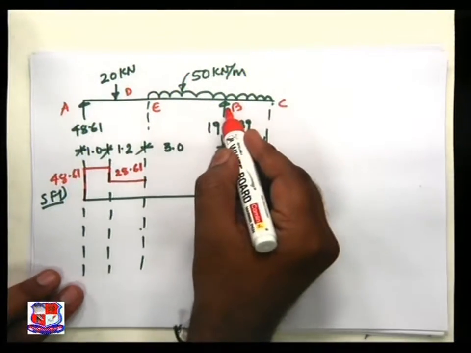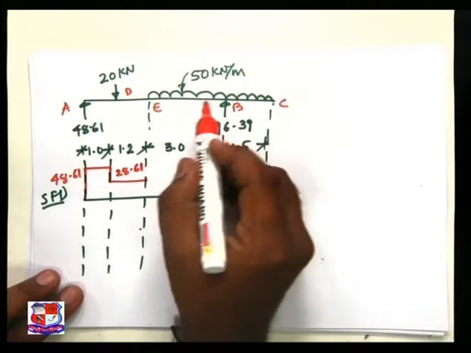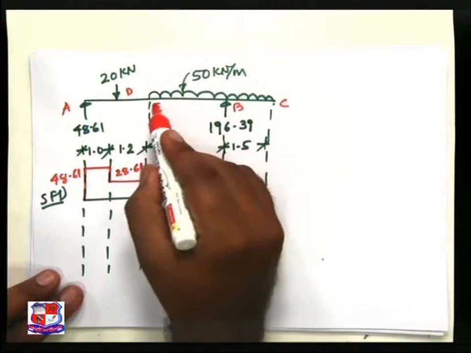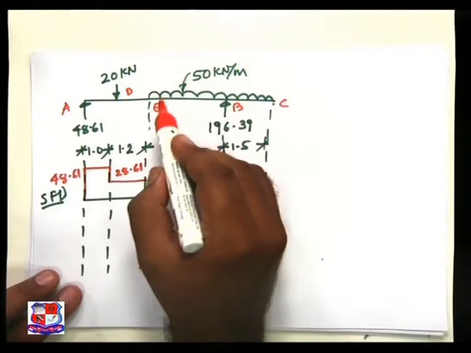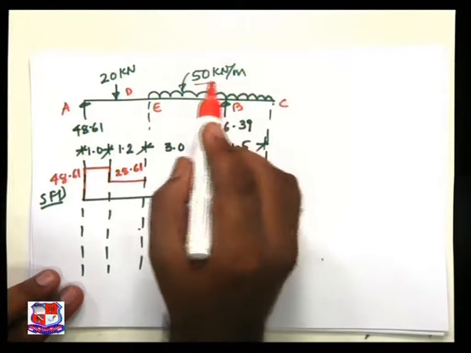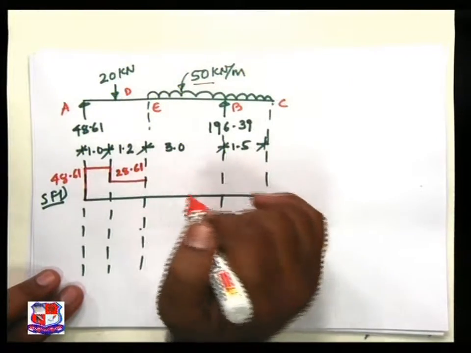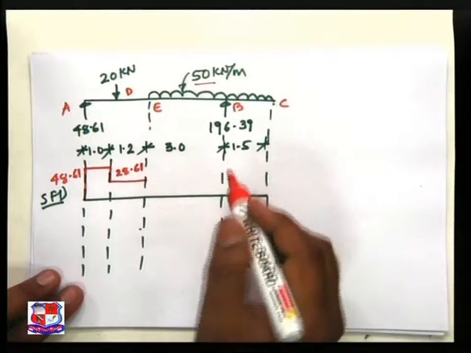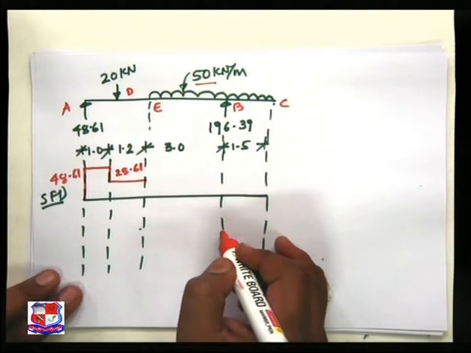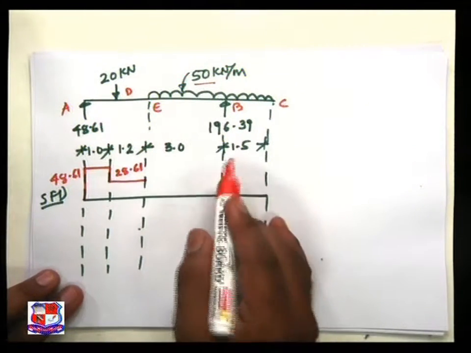Next, at B point, because between E and D only a single load is there, that is the UDL, we know the variation of the shear force is given by an inclined straight line. Our intention is only to find out the ordinate. What is the ordinate at B just left?